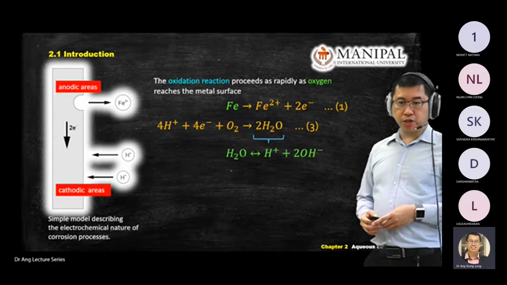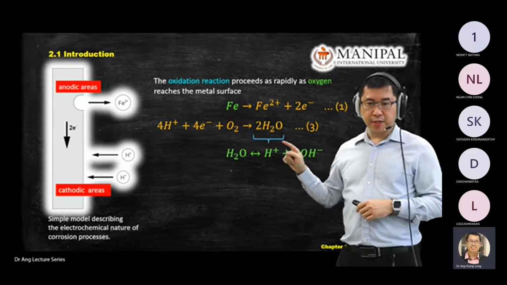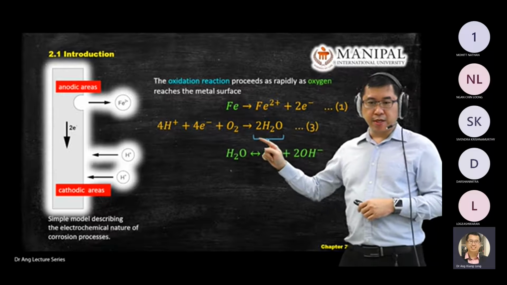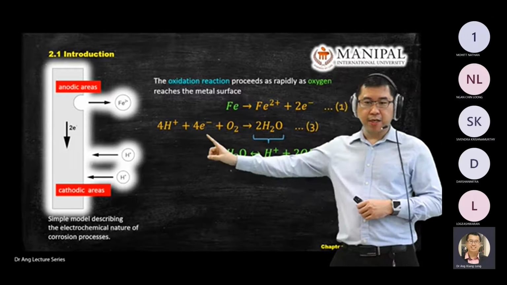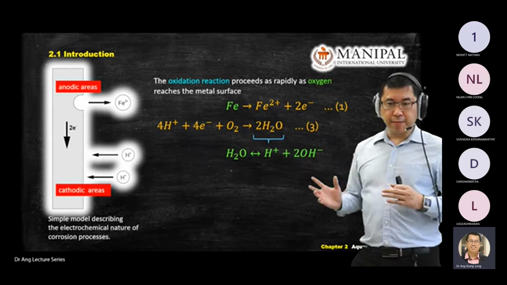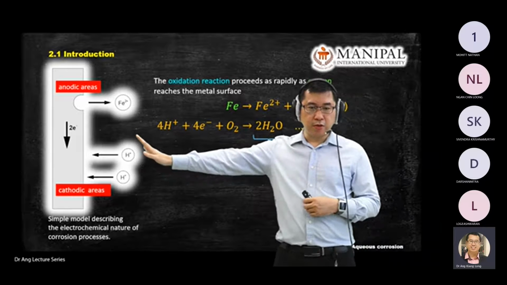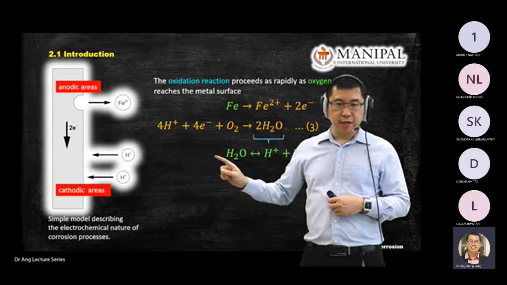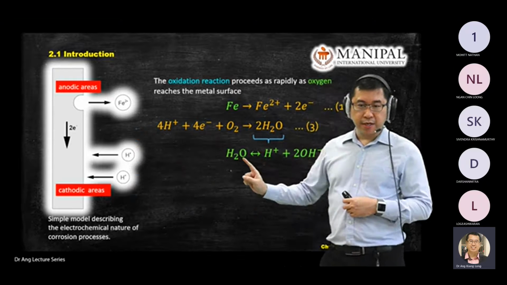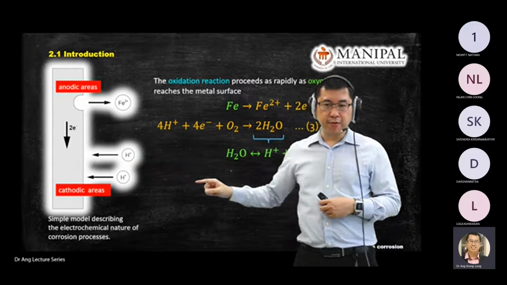So by combining these two, there is an internal process, right? There's an internal process where, because this process happens randomly in the solution, which is between the metals and the solution, and this happens on the surface. So there is a process happening in the middle.